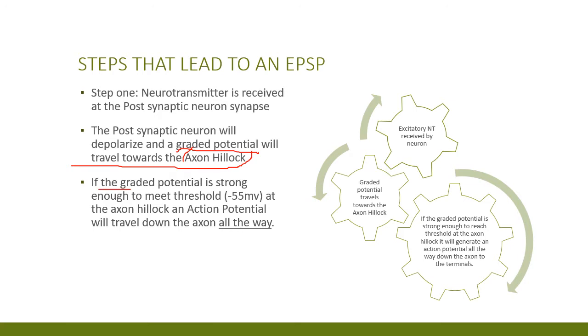If that graded potential is strong enough to meet threshold, which is minus 55 millivolts, at a certain location called the axon hillock, also known as the trigger zone, it will trigger an action potential that will travel all the way down the axon.